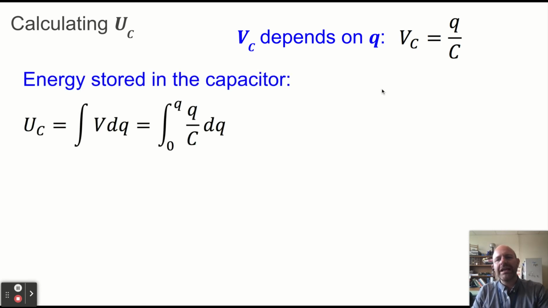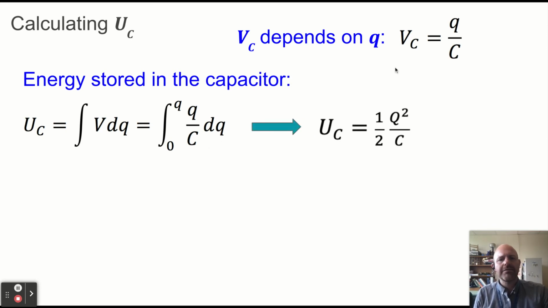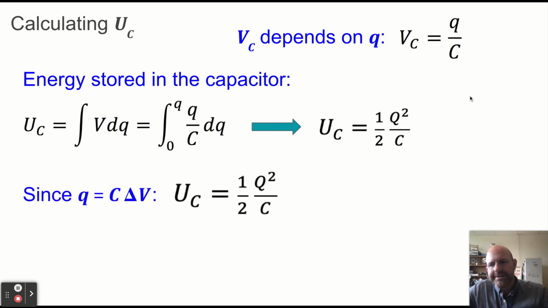What we're going to do is integrate the voltage times dq from 0 to the maximum charge, however much charge there can be on this capacitor. We know the capacitor's voltage also depends on Q, so that's Q over C. And we can find that the capacitor's total energy stored is equal to 1/2 of Q squared, the total amount of charge that gets on it, divided by its capacitance.